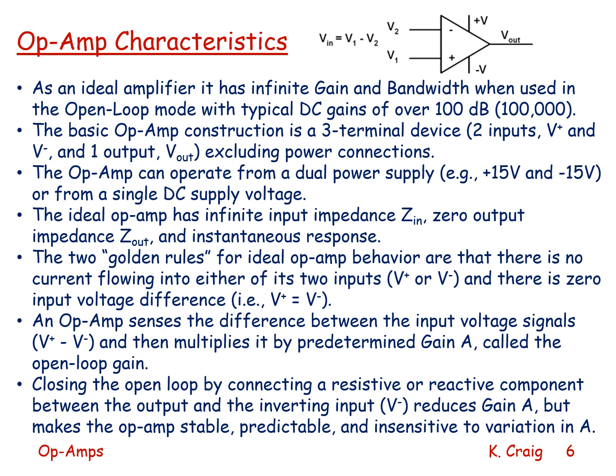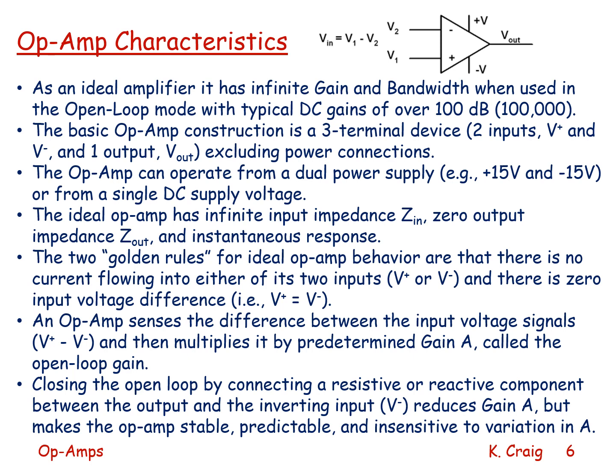And that's excluding the 2 power connections. The op amp can operate from a dual power supply, for example, plus or minus 15 volts, or from a single DC supply voltage. The ideal op amp has infinite input impedance, 0 output impedance, and instantaneous response.